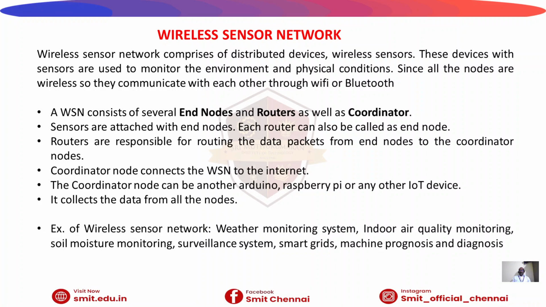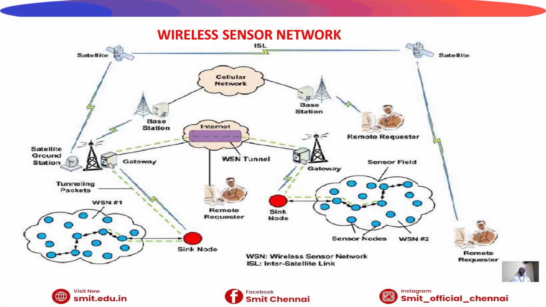Sensors are the base, a router on top of that, and above all, the coordinator, which helps connect the WSN to the internet. Examples are weather monitoring systems, indoor air quality monitoring, soil moisture monitoring, surveillance systems, smart grids, machine prognosis and diagnosis. See the picture, it will be easy to understand.